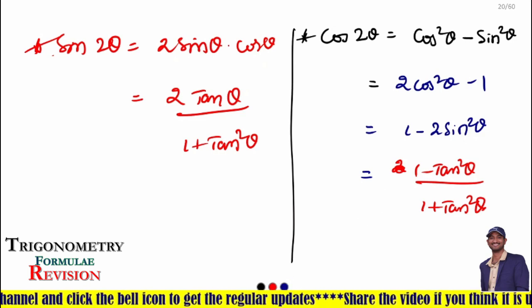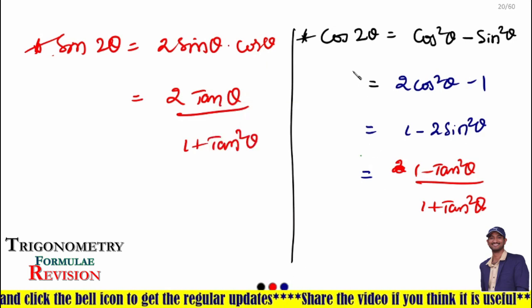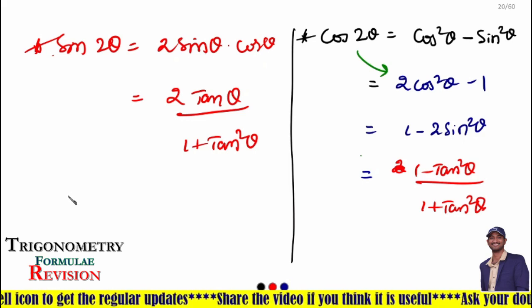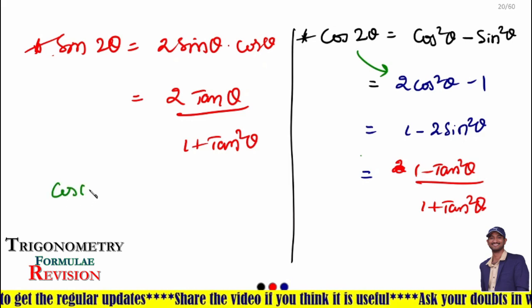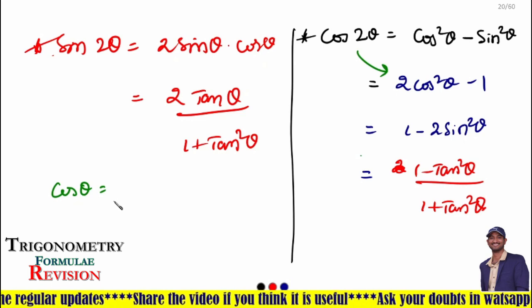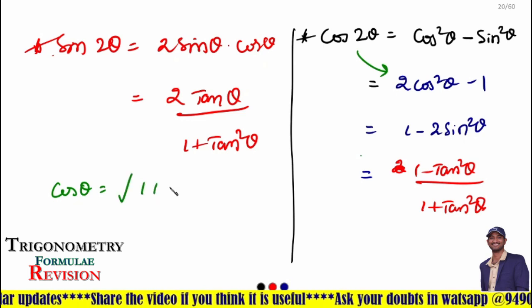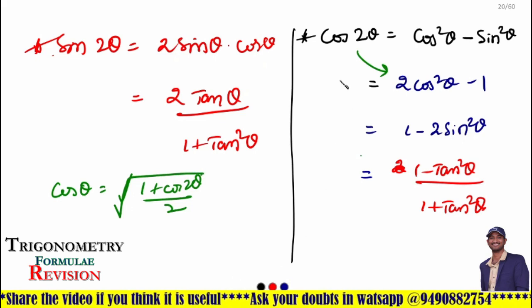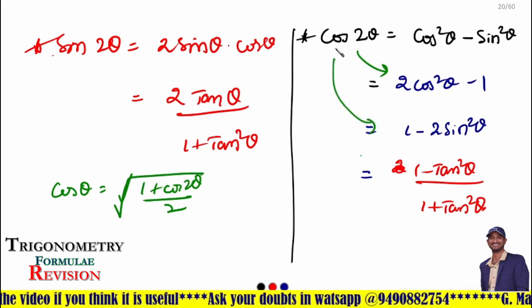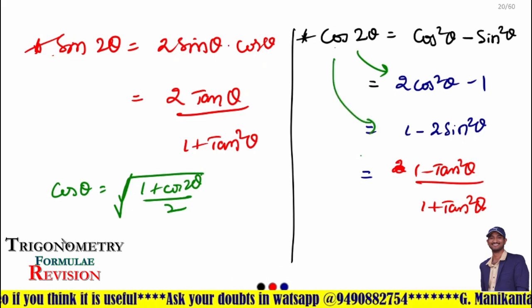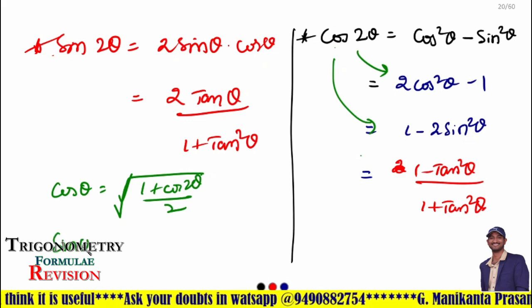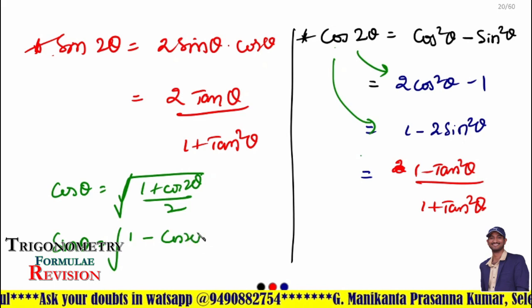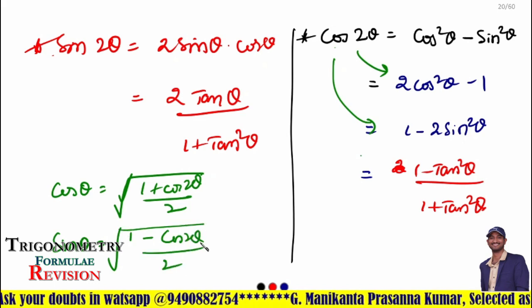When you take cos 2 theta equal to 2 cos square theta minus 1, tell me the value of cos theta when cos 2 theta is given. It is equal to square root of 1 plus cos 2 theta by 2. Similarly, cos 2 theta is 1 minus 2 sin square theta. Tell me the value of sin theta. It is equal to square root of 1 minus cos 2 theta by 2. Both are important.